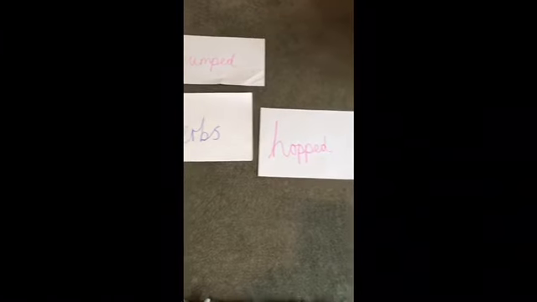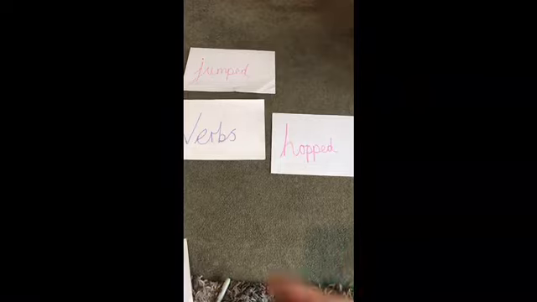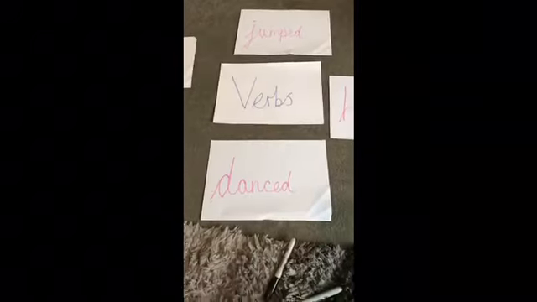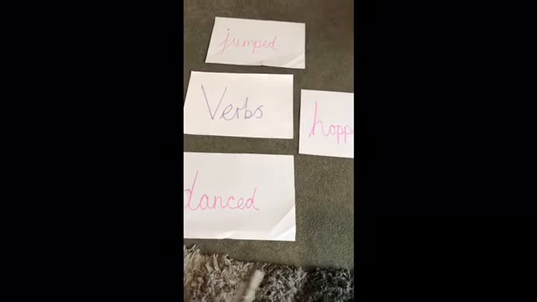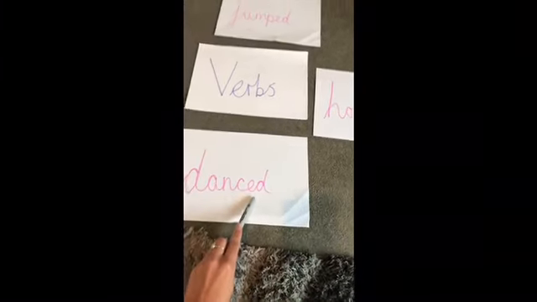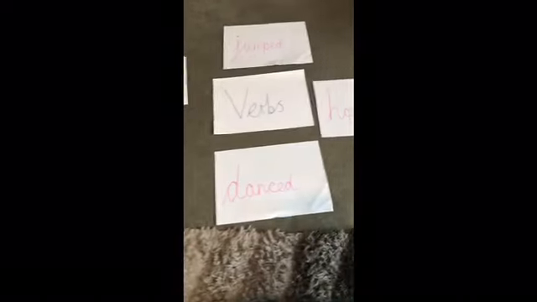When we do hopped and add the suffix, you've got to double the consonant before you add the ed. And the last one I've got is danced, another verb where we've added ed. If you can remember the rule for this one, we've got to drop the e, then add ed. So on my floor now, I've got my adjectives, my nouns, and I've also got my verbs.